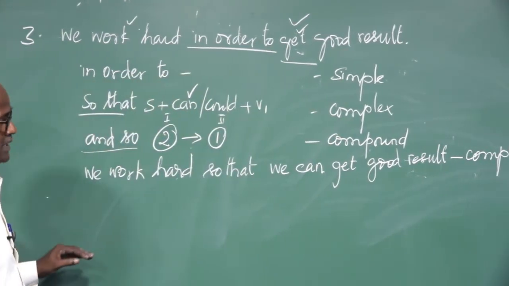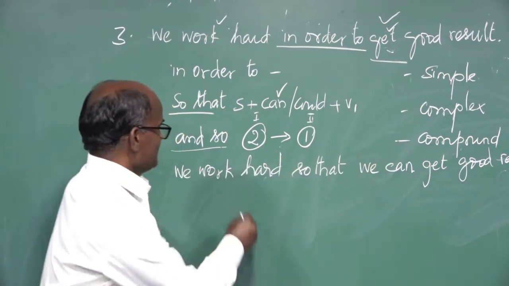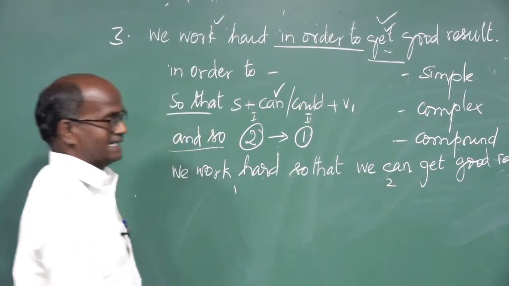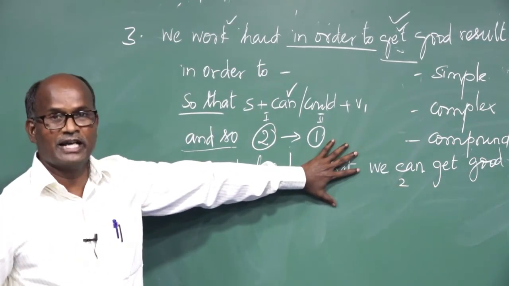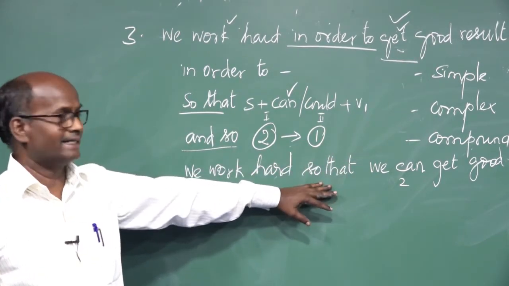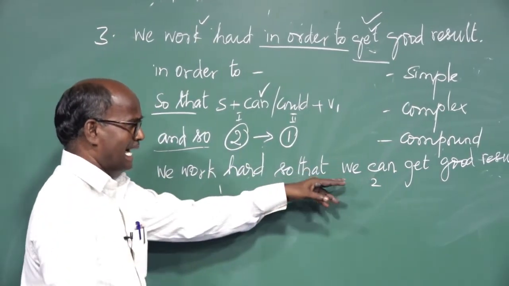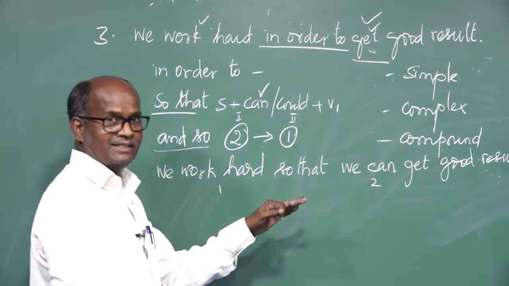And now to the compound sentence. As I told you earlier, this is the first sentence and this is the second sentence. This is the subordinate conjunction. Instead of the subordinate conjunction, we should replace it with the coordinate conjunction and so. I am not going to write directly as it is in the second sentence.